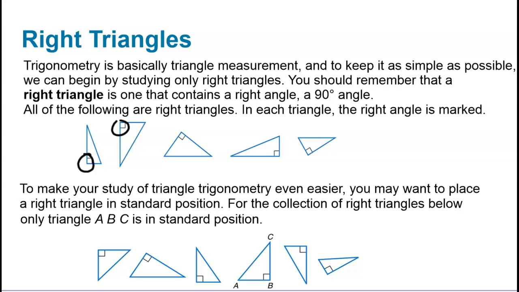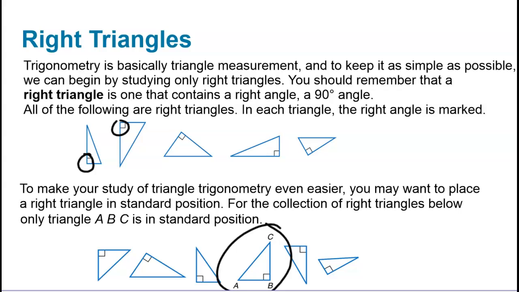And then also, you might want to familiarize yourself with the standard position of working trigonometric problems and ratios. It's going to help with the labeling.